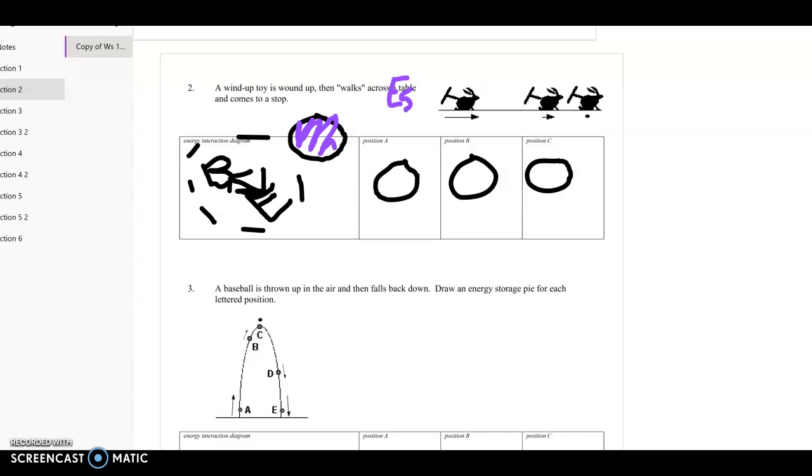So I could say, hey, I have some spring, and I have some kinetic, right? And because we know there has to be friction, otherwise how could the bunny be slowing down? I'm going to say that I have some thermal, okay?